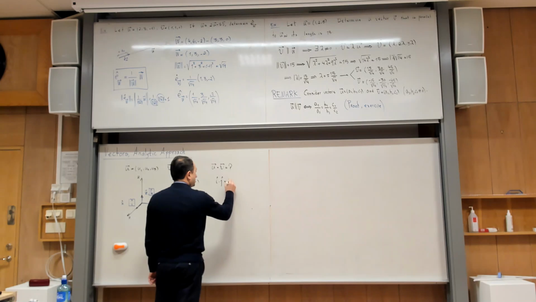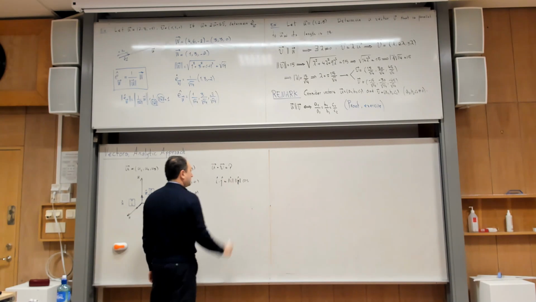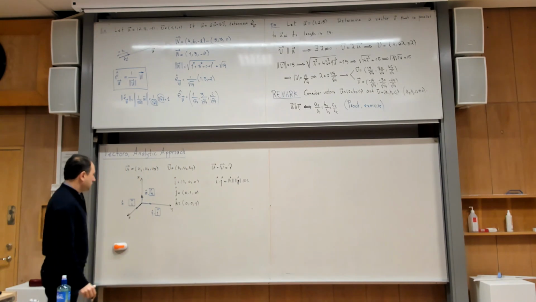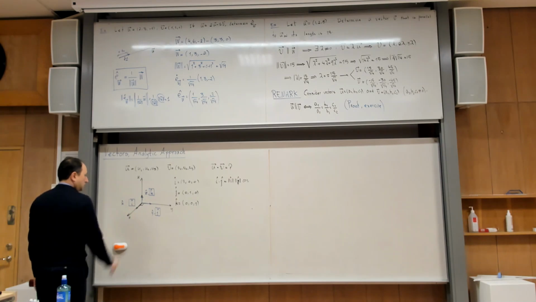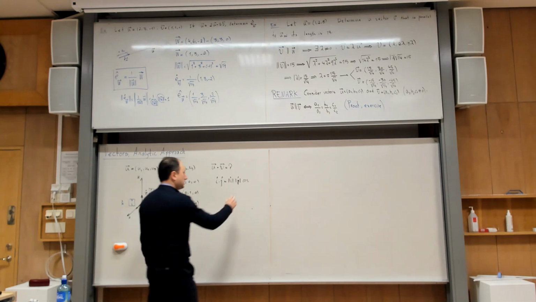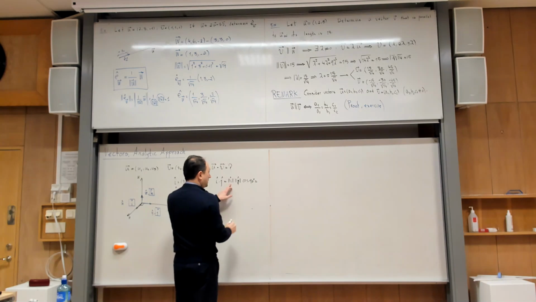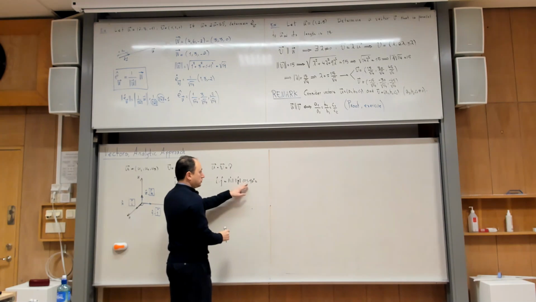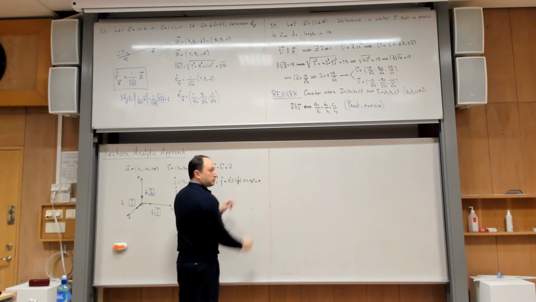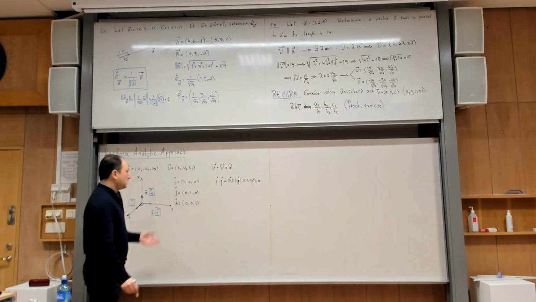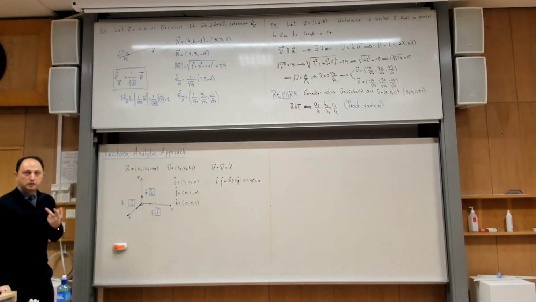So this becomes the norm of my first vector multiplied by the norm of my second vector multiplied by the cosine of the angle between them, which is 90 degrees. The norm of each vector is 1 because the length is 1, and cosine of 90 is 0, so it becomes 0. In other words, i and j are perpendicular.